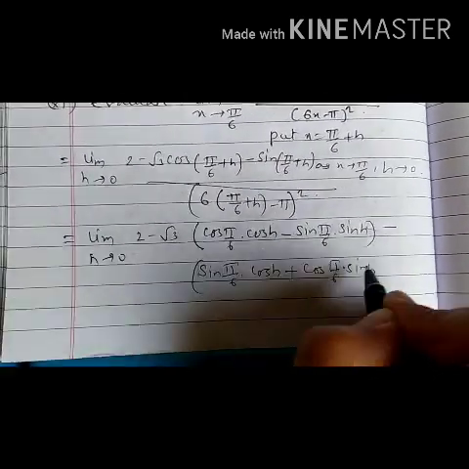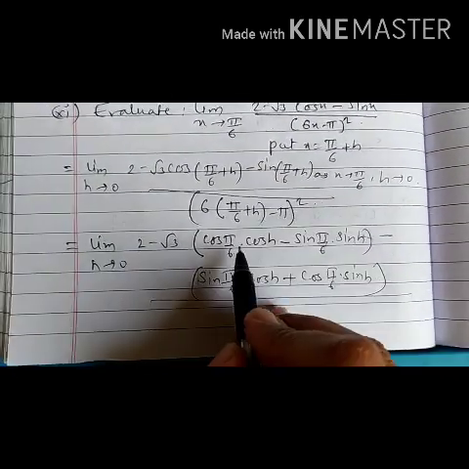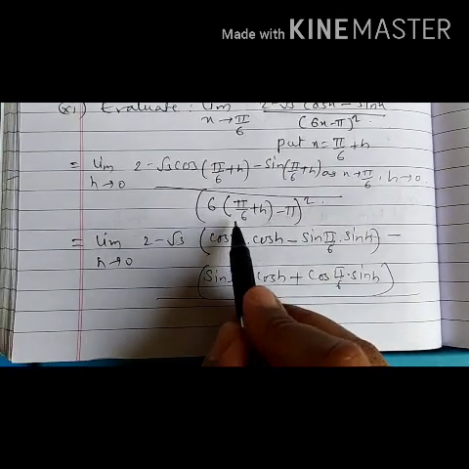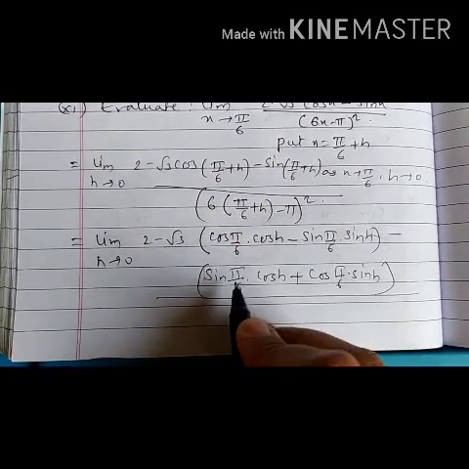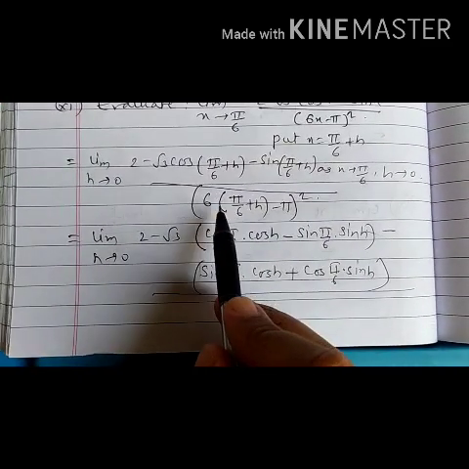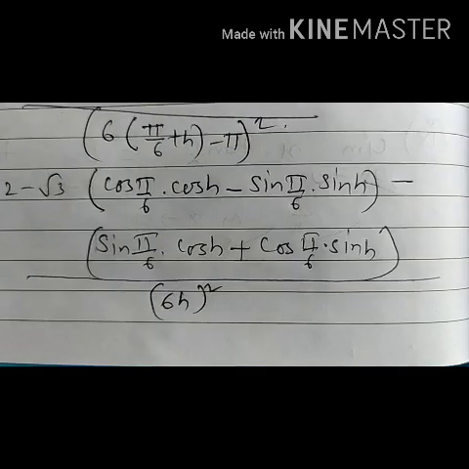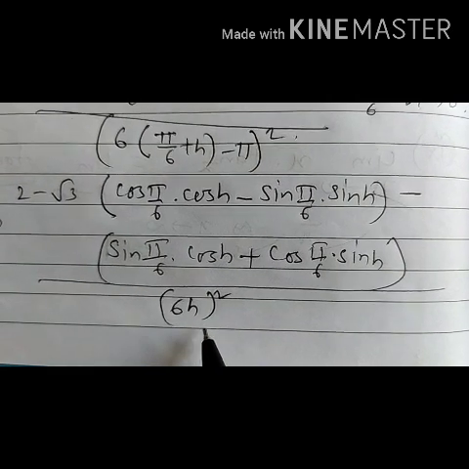Now it is going inside the bracket, and whole thing divided by 6 into (pi plus 6h minus pi) bracket squared. Here the pi will get cancelled. We have 6h bracket square, so it will be 36h square.